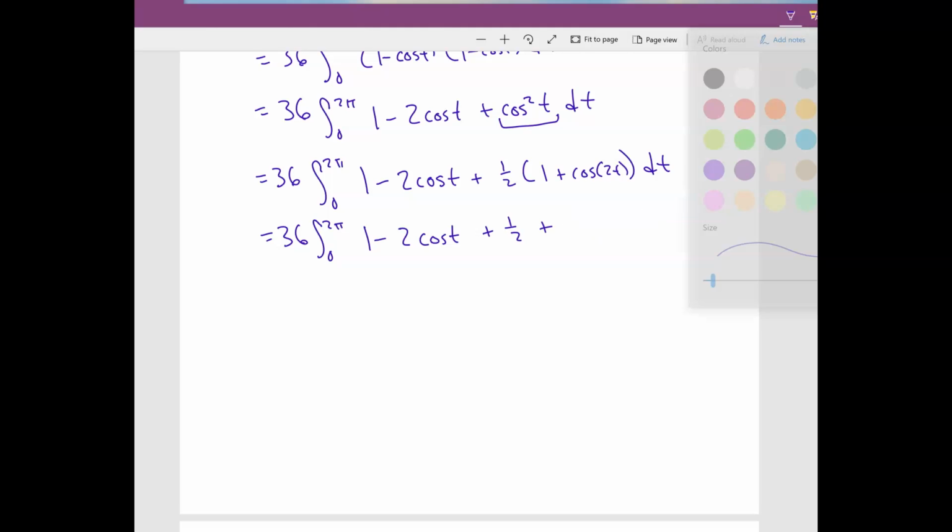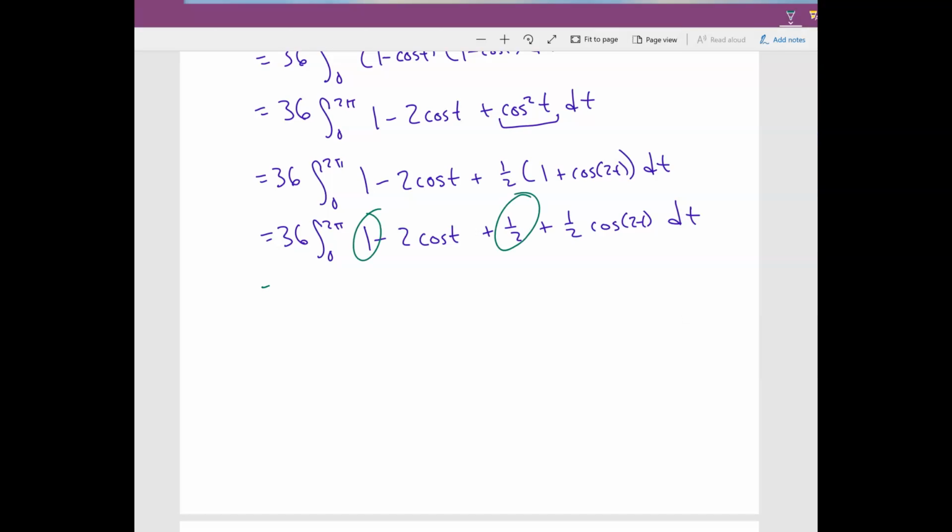I can collect now the 1 half and the 1. Integral from 0 to 2 pi. This gives me 3 halves minus 2 cosine of t plus 1 half cosine of 2t dt.